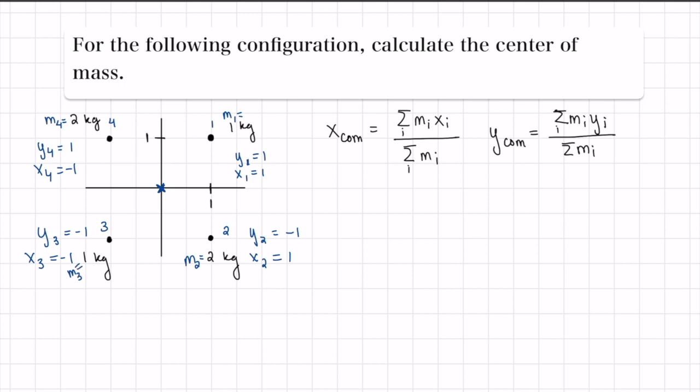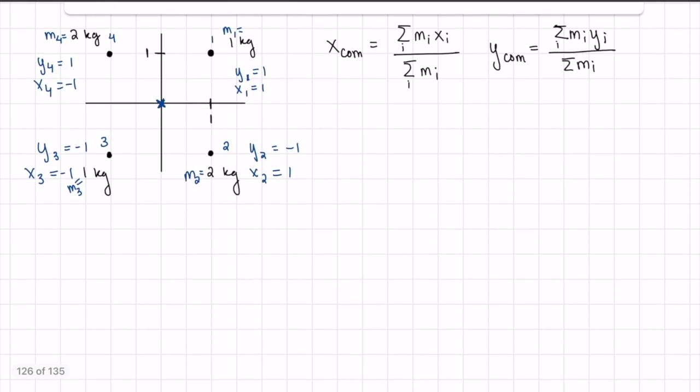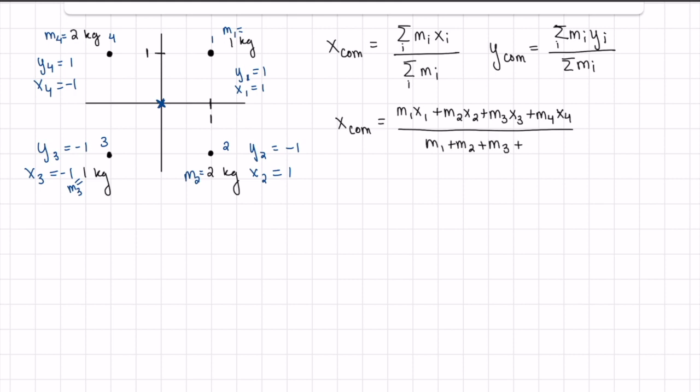So we'll do x center of mass first. So x center of mass is going to be equal to m1 x1 plus m2 x2 plus m3 x3 plus m4 x4 over m1 plus m2 plus m3 plus m4. And then we'll substitute in.